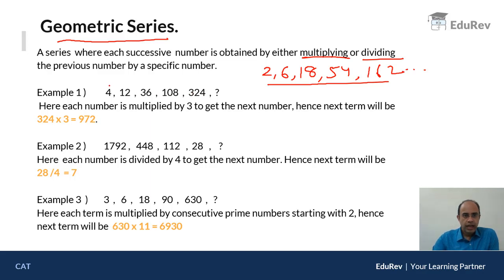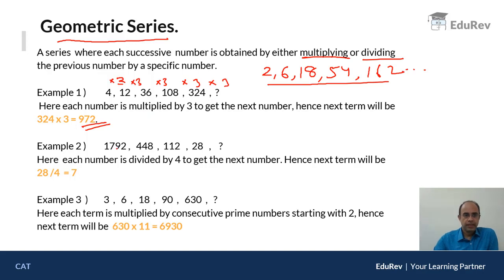I multiplied 4 by 3 to get 12, 12 by 3 to get 36, 36 by 3 to get 108, and 108 into 3 is 324. Hence 324 into 3 will give me 972. Therefore, in the question mark, we'll write 972.